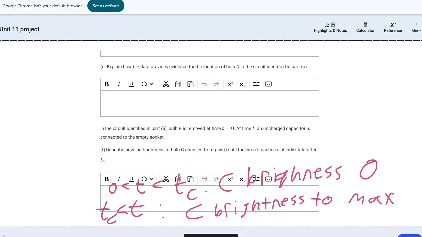And then current in that branch would decrease continuously and smoothly back to 0, and in the final steady state, it would have a brightness of 0.